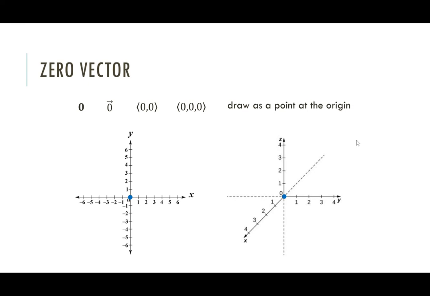And we still consider this a vector, even though it doesn't have any direction or any magnitude. We'd say it has 0 magnitude, but don't ask me what direction it's in. So that's the 0 vector. We definitely want to be able to have a vector that is a 0 vector.